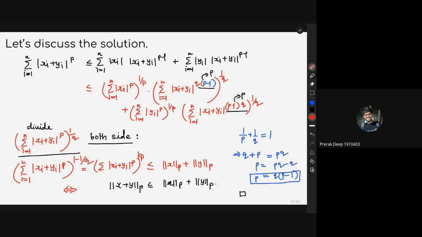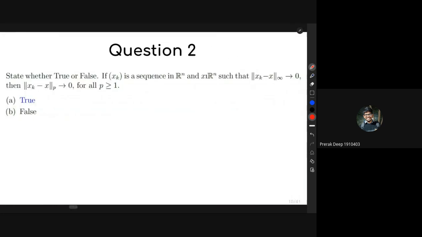Okay, if there are no more questions, I think we can move ahead and discuss question number 2. In this question, we need to state whether it is true or false.